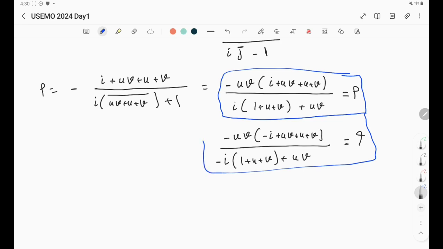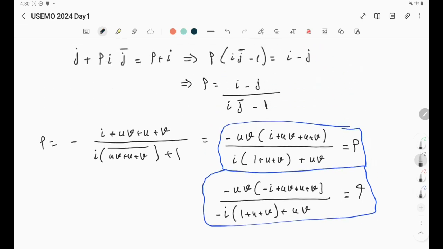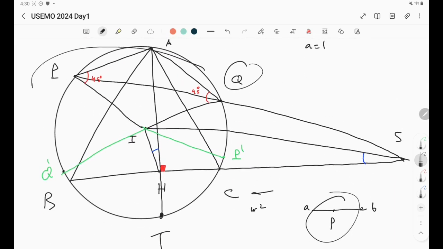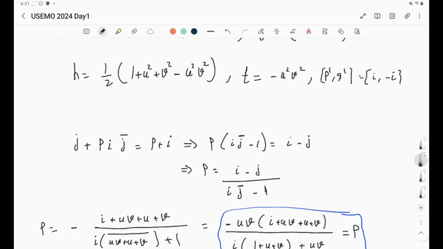Very nice. Now we just need to find S, right? To find S, S is the intersection of PQ with BC. And these two are chords of the unit circle. So we can just use the famous formula that intersects two chords. So I will just remind you of that formula.